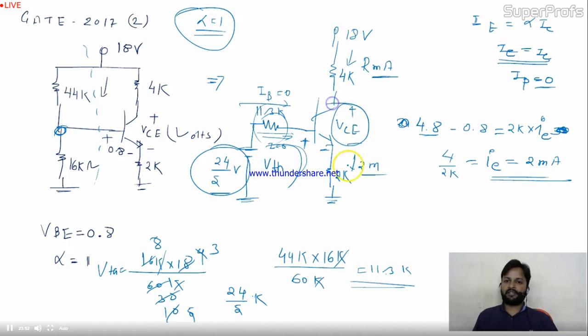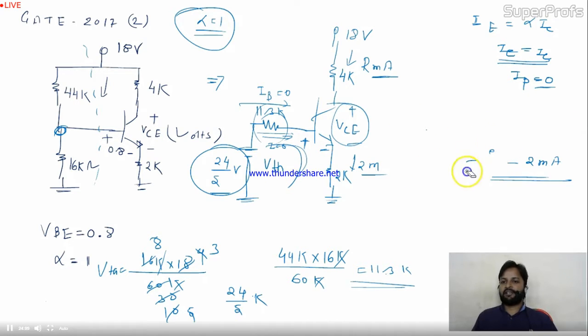Now I have to calculate this VCE. It's very easy, because this is the output circuit in which you apply KVL. Let me erase some part first.